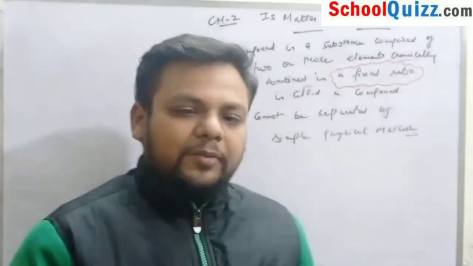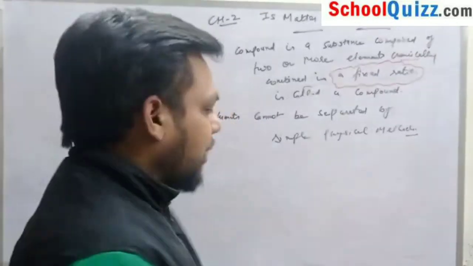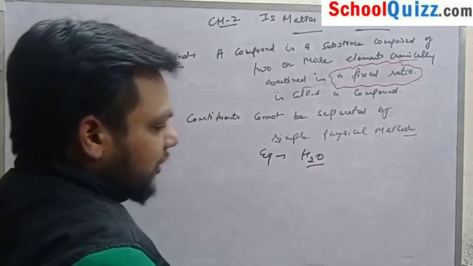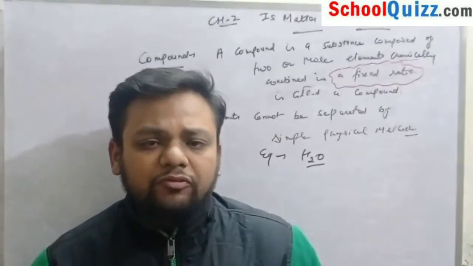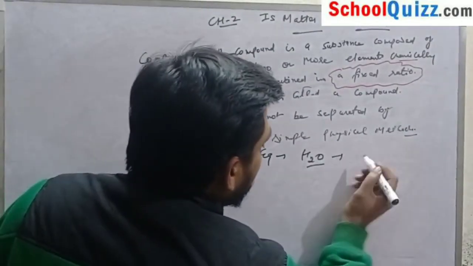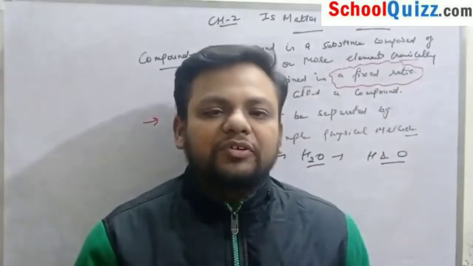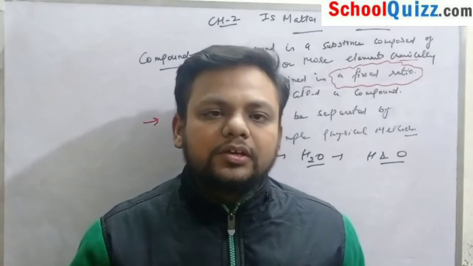We can't separate them by simple physical methods. For example, we have water. Can we separate hydrogen and oxygen by just simple physical methods, for example, by hand picking?